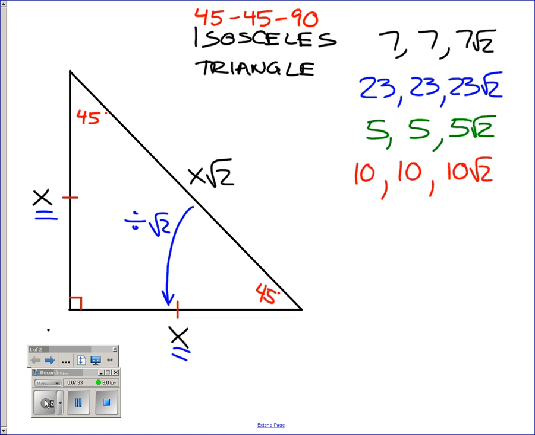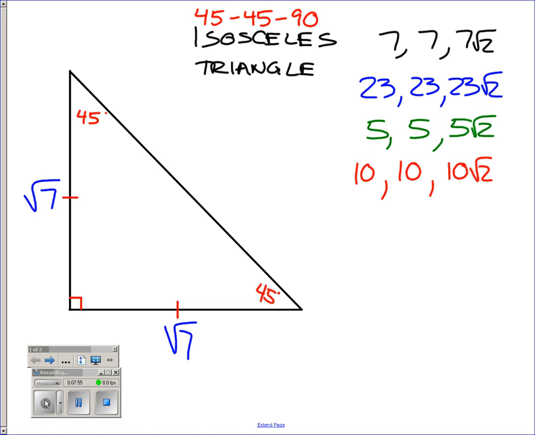Well, let's take a case that's a little harder, because the numbers that we've had so far have been very nice. But let's take something like this. Suppose we have, for our side lengths here, the square root of 7. Again, we've got to multiply by the square root of 2. But what does that look like when you multiply it out? It's the same root.